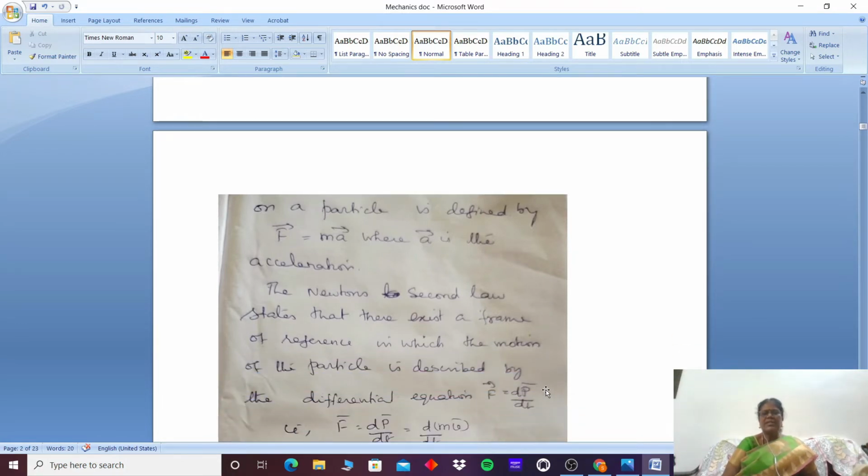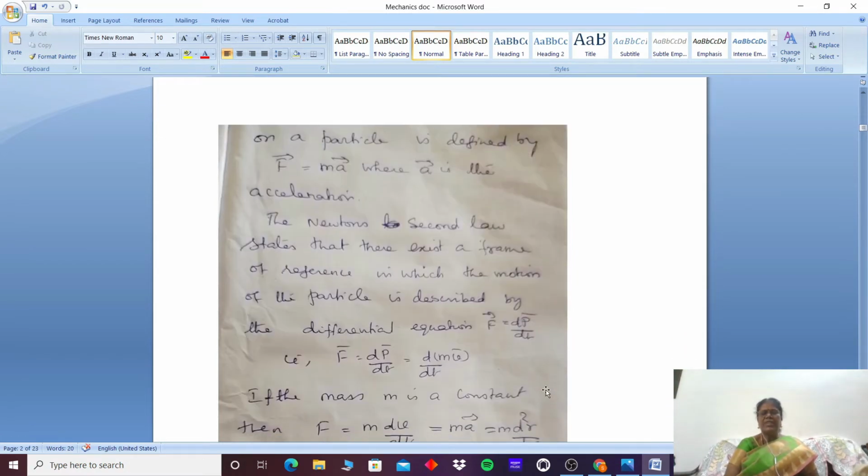Newton's second law states that there exists a frame of reference in which the motion of a particle is described by the differential equation F is equal to dp by dt. That is, F is equal to the derivative of mass into the velocity vector, that is d by dt of m into v.